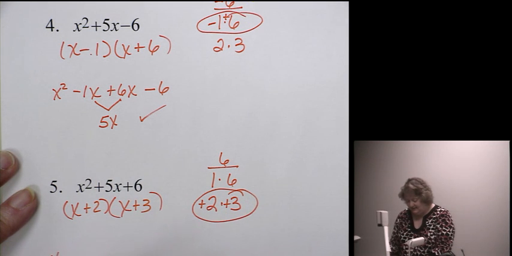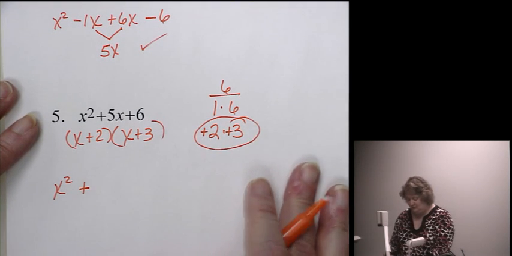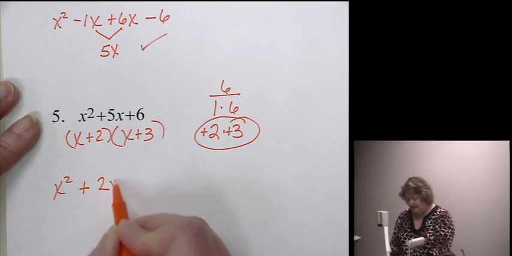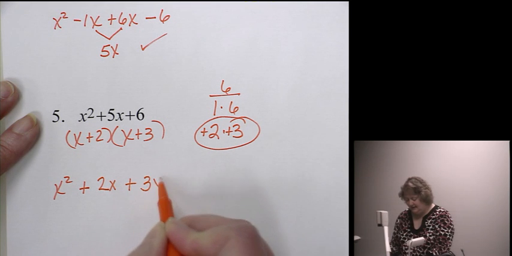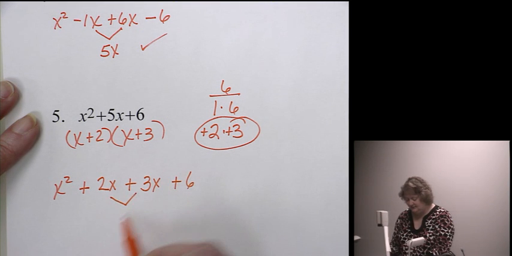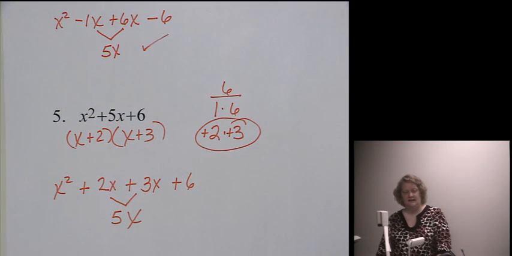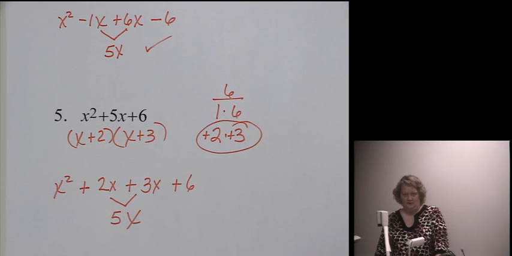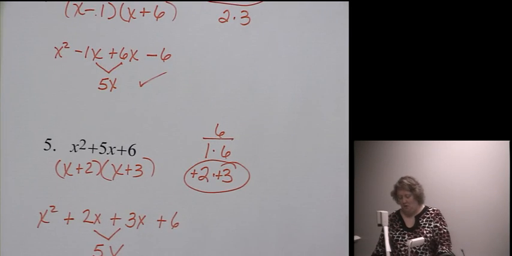And if we checked it, x squared, and I'm going to move that up. You can't see both checks at once, but x squared plus 2x plus 3x plus 6. And that one checks because this time both signs are the same and we'll add to keep the middle term. So notice and contrast the two problems there.